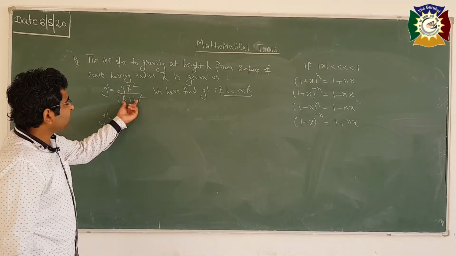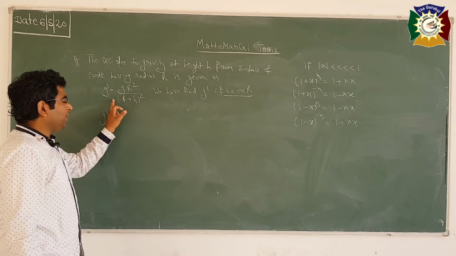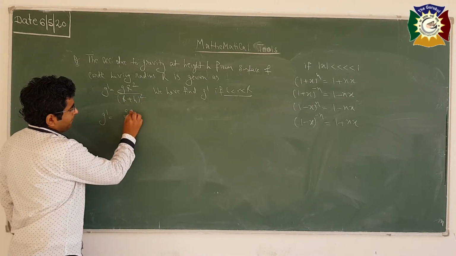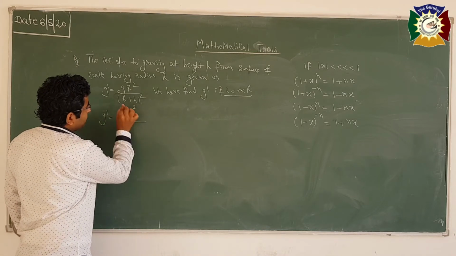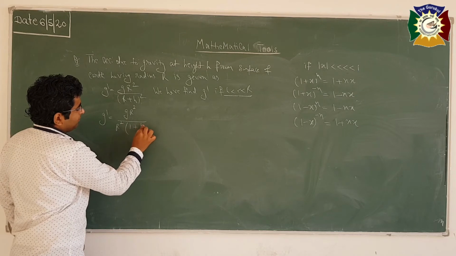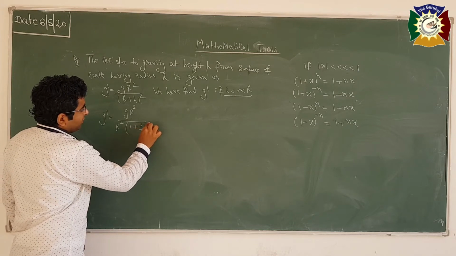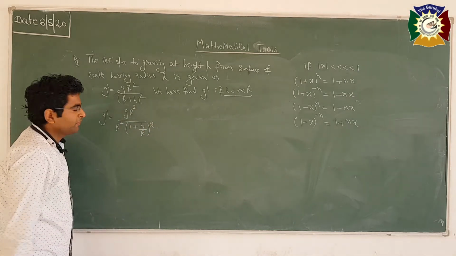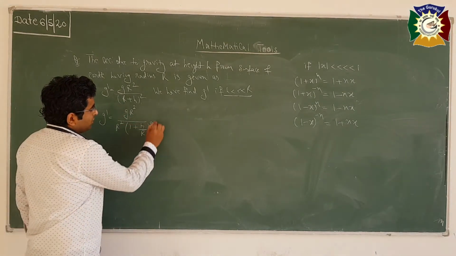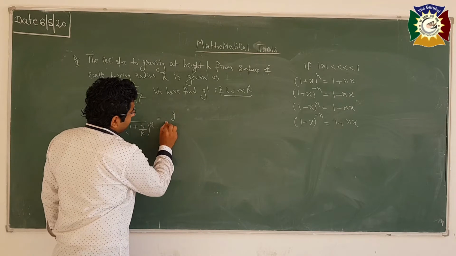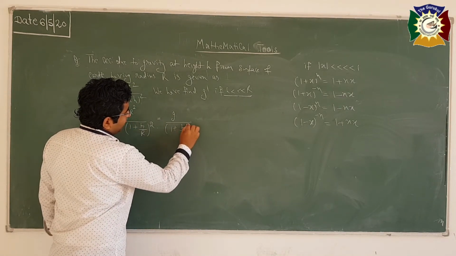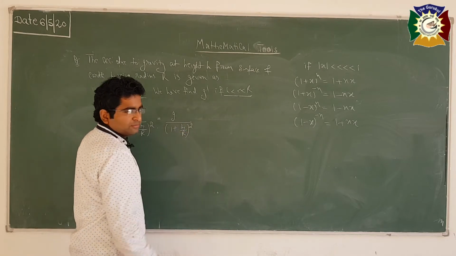If I take r as common, when r comes out, it will become r square. So, g r square. Here r square inside will be 1 plus h divided by r whole square. r square by r square will cancel out. So, we will have only g divided by 1 plus h by r whole square.